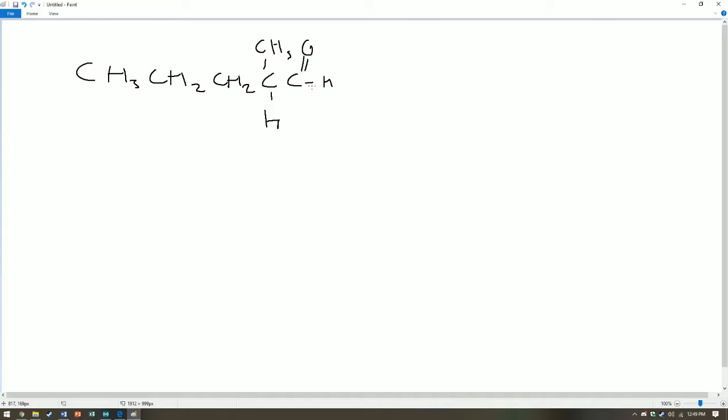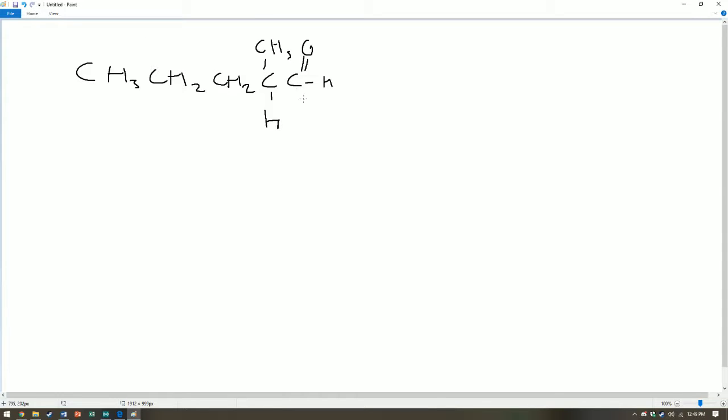So be careful. Typically the way we denote that in organic chemistry is we write CHO rather than COH. OH indicates alcohol. HO generally indicates aldehyde or ketone, depending on where it is.